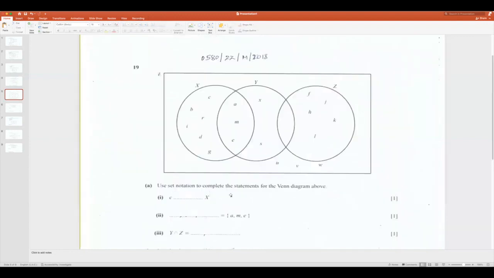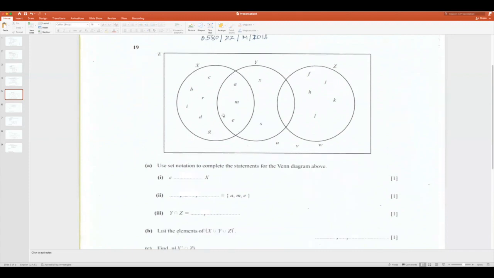Use set notation to complete the statements for the Venn diagram above. X, Y and Z are three sets with elements inside them. Use set notation to complete the statements. Where is C? C is here.